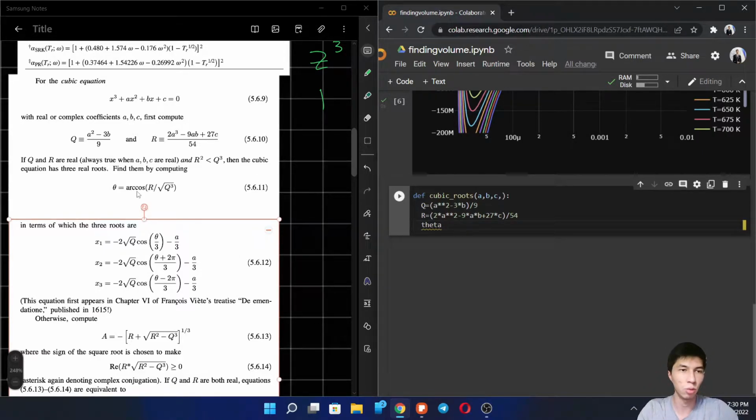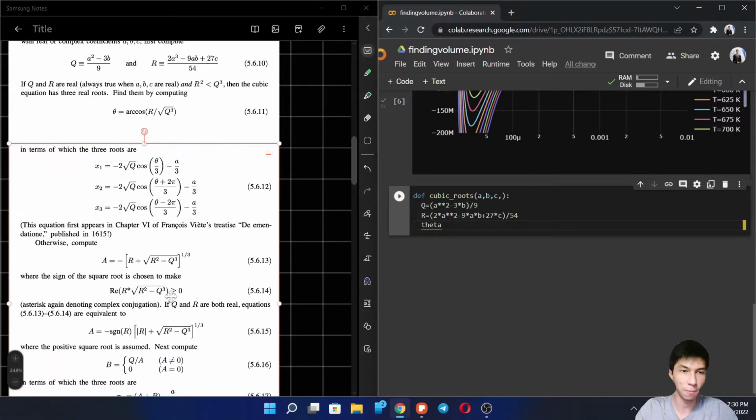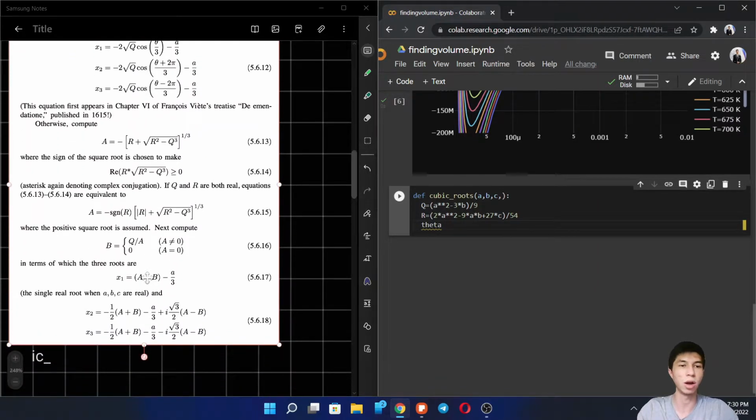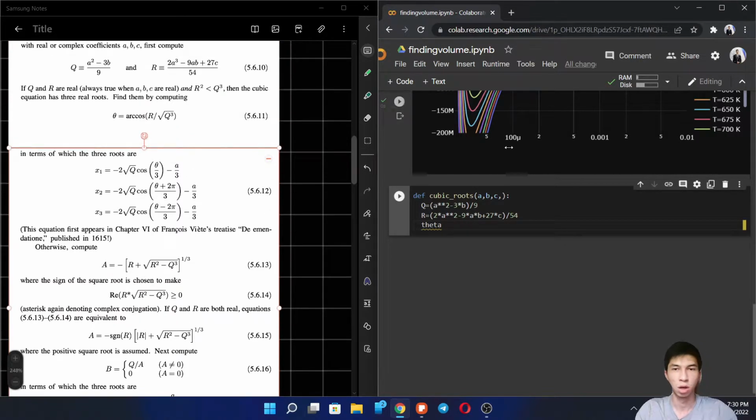first of all, we have to check if our r squared value is less than the q cubed. If it is, it's going to have three real roots. But if not, it's going to have only one root. There's also a case where it has two imaginary and one real number, but we don't need that because we can't have imaginary volume.